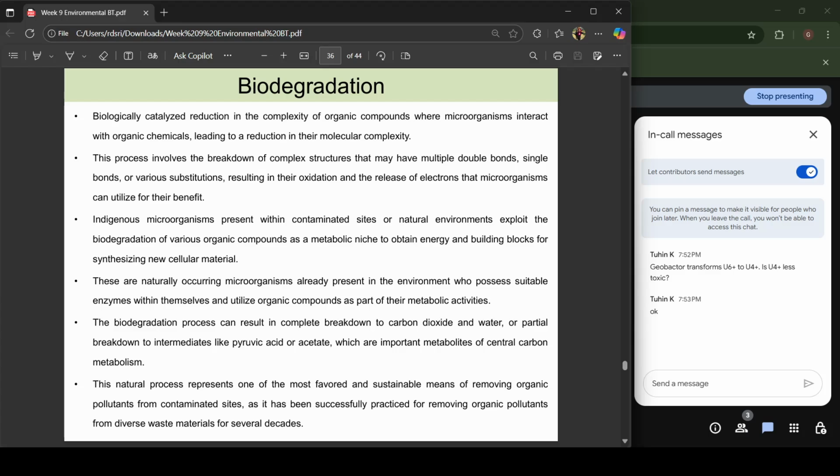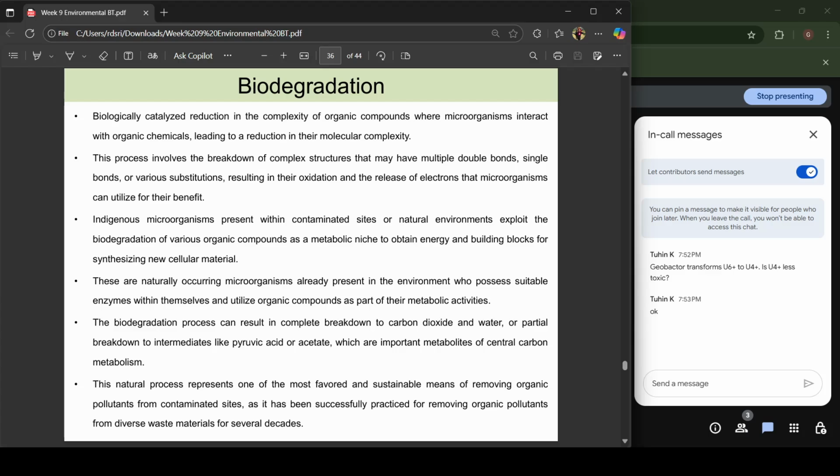In any site, there will be some indigenous microorganisms that naturally live in that particular environment because they have the capability to survive or metabolize in that environment.